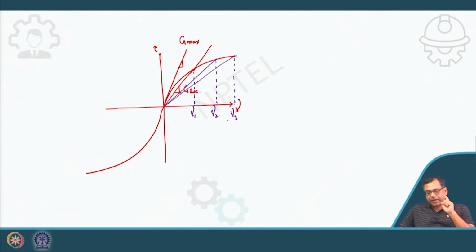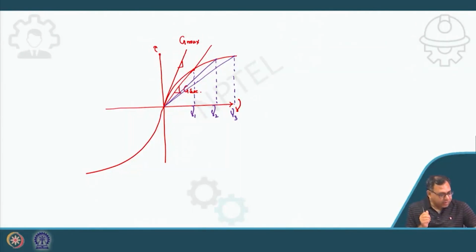Clear? That means your shear modulus is changing with strain and is not constant, and you can say this modulus value decreases as we increase the strain.